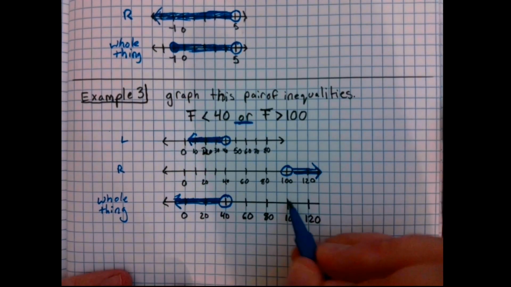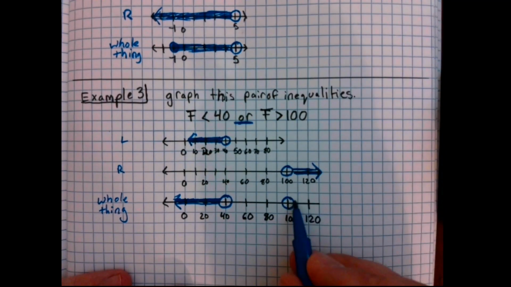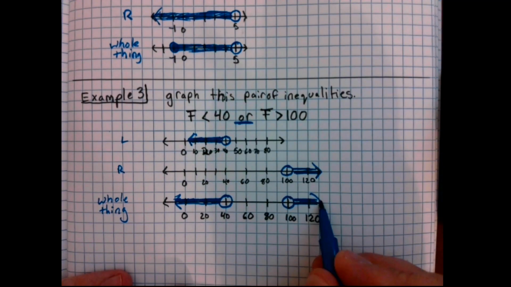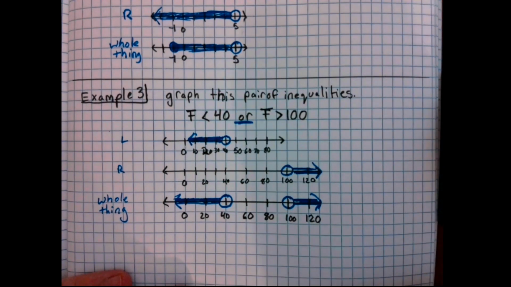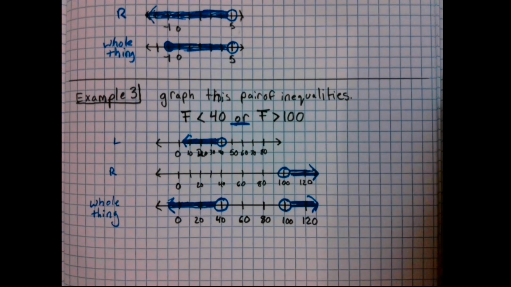I'm going to copy down from the 100, an open dot there, a line going to the right, and that is our final answer for example 3.